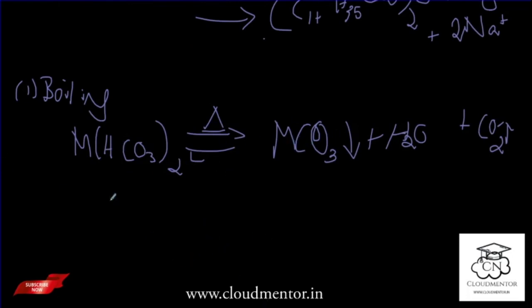And the next one is Clark's process. The second method to remove temporary hardness is Clark's process.